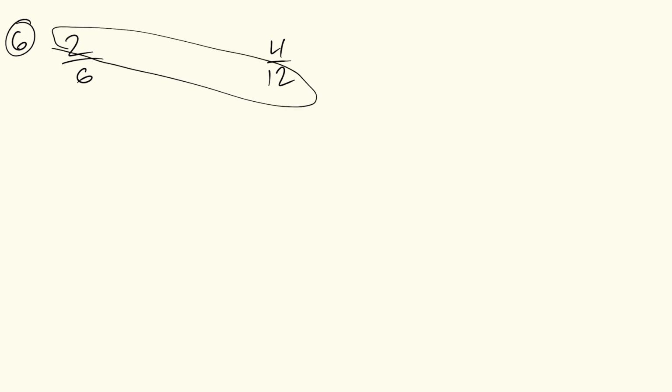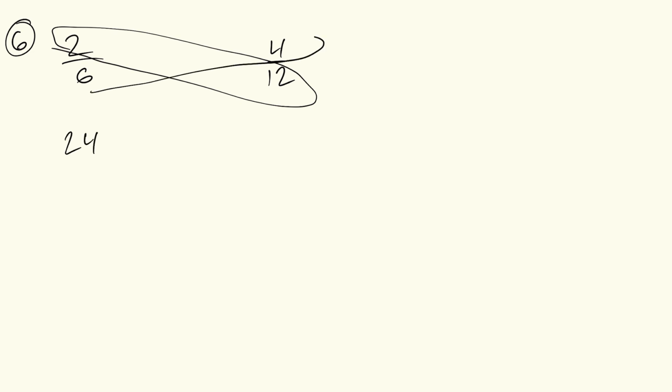Let's do 2 over 6 and let's do 4 over 12. Pause the video and try to do this question on your own. But 2 times 12 is equal to 24.